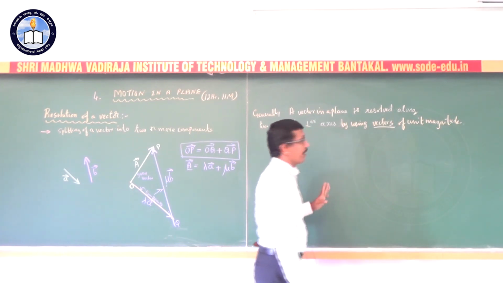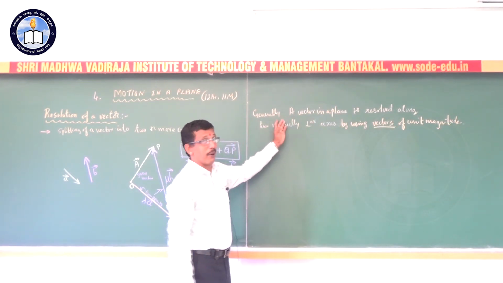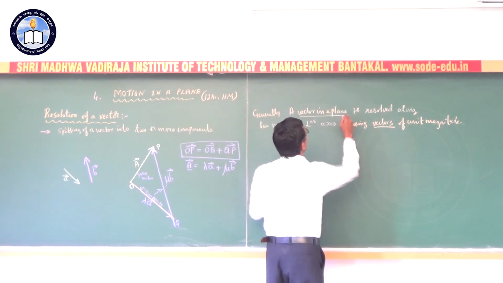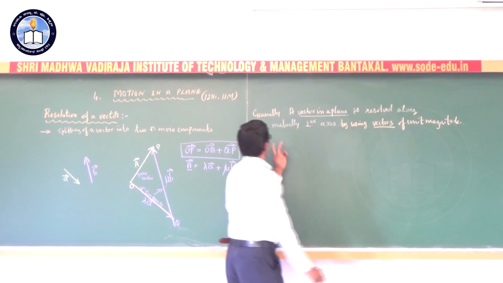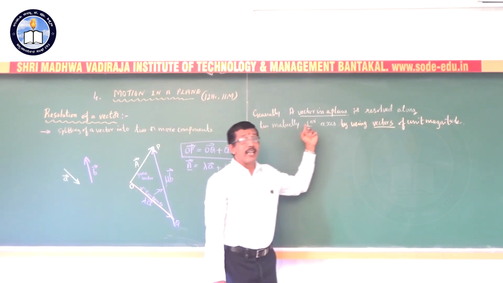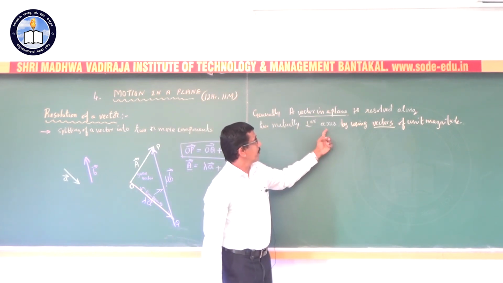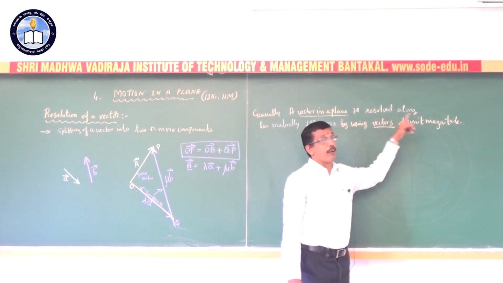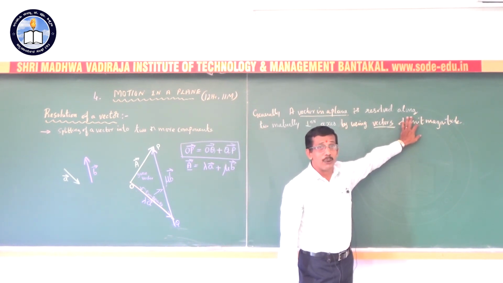Once again I repeat, this is very important. Generally, a vector in a plane is resolved along two mutually perpendicular axes by using vectors of unit magnitude.